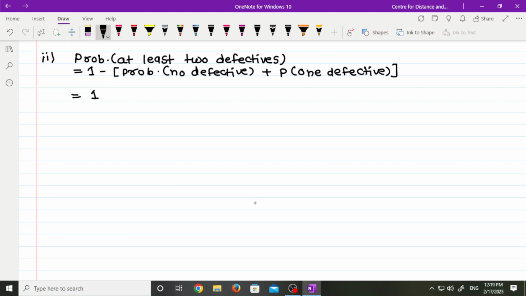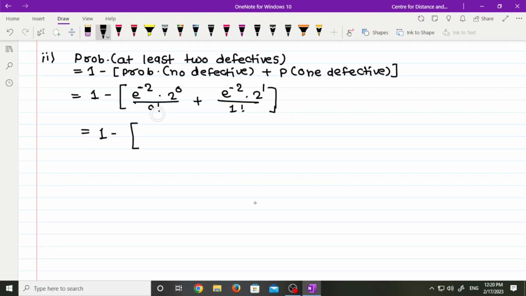Which is equal to 1 minus, here the value of x is 0. So, we get e raised to minus m, that is m is equal to 2. So, here we get e raised to minus 2 into 2 raised to 0 divided by 0 factorial plus e raised to minus 2 into 2 raised to, here x is equal to 1. So, we get 2 raised to 1 divided by 1 factorial, which is equal to 1 minus, 2 raised to 0 is 1, 0 factorial is 1.